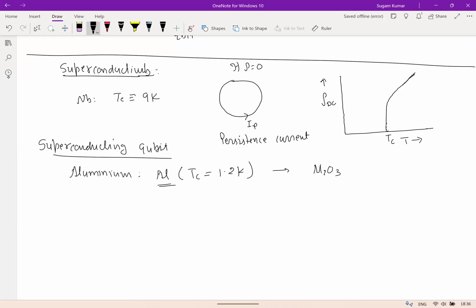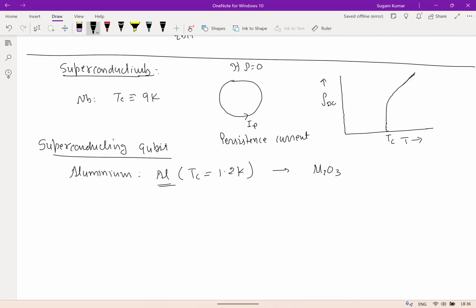The majority of oxides made on metals mostly behave as insulators. But this aluminum oxide is conducting in nature, so it doesn't create any kind of patch voltage. So people prefer to use aluminum in comparison to other materials.